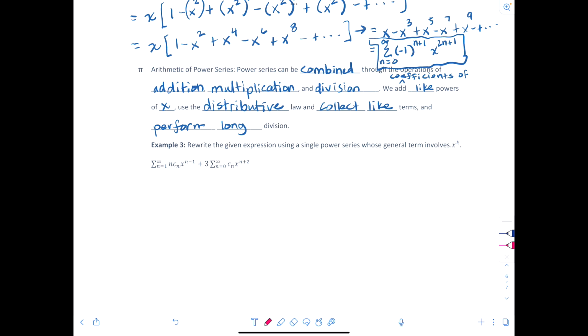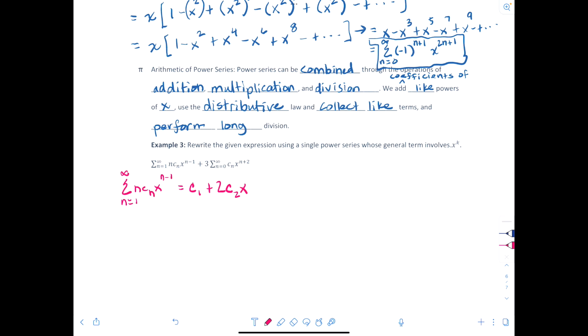So here we go. We would have this summation here going from n is 1 to infinity of n times c sub n times x to the n minus 1 would equal to, the very first term would be n equals 1. So we'd have 1 times c sub 1 times x to the 0, which is c1. And then the next term, when I plug n equals 2, I would have 2c2 times x to the 1.